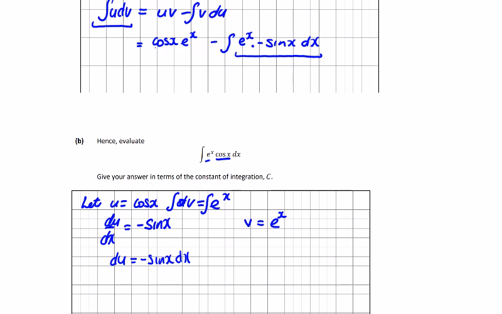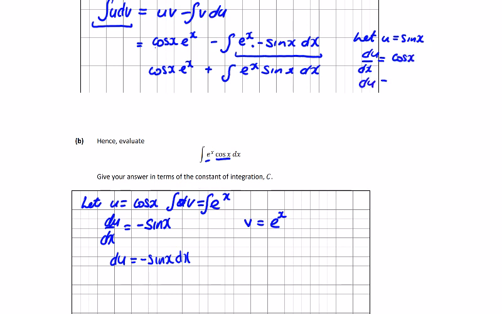So I'm just going to tidy this up. It's going to be cos x e to the power of x, and then it's going to be plus the integral of e to the power of x sine x with respect to x. So now we have to let u equal sine x. So du/dx is equal to, sine goes to cos, so cos x.